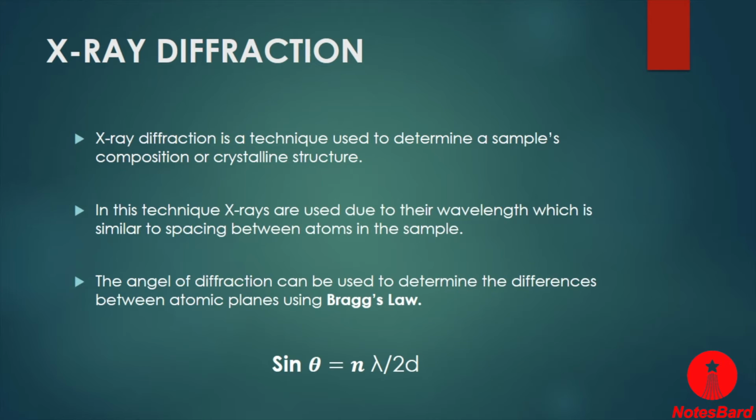X-ray diffraction is a technique where X-rays are used because their wavelength is similar to the interatomic spacing between the atoms of the sample, and that's why X-rays are specifically used in X-ray crystallography. This method is used to determine the sample's composition and also its crystalline structure.